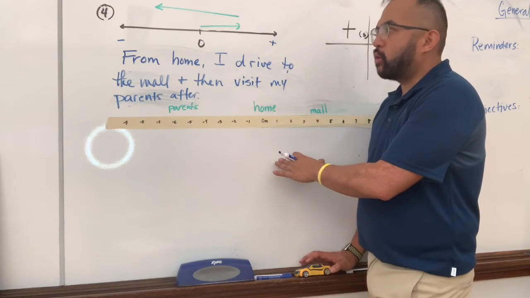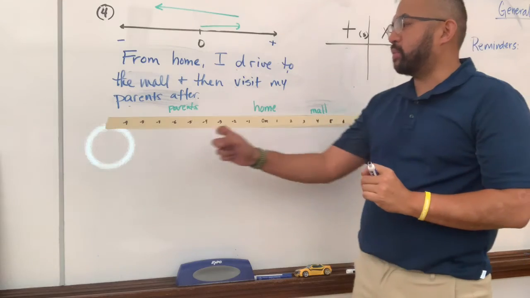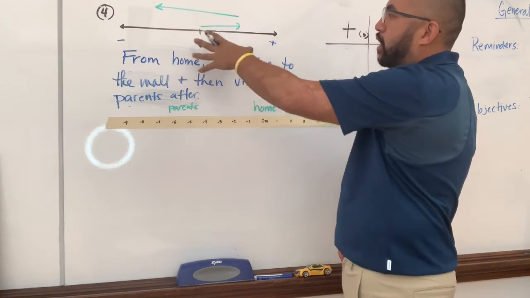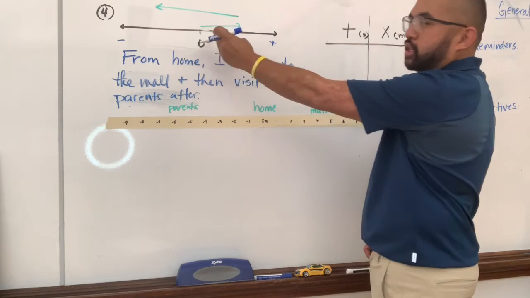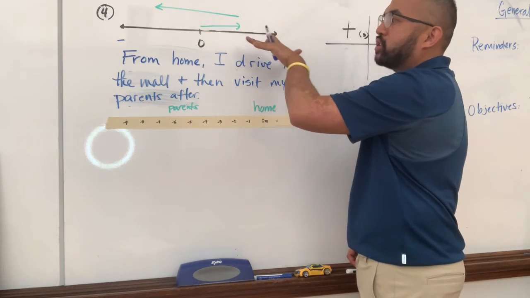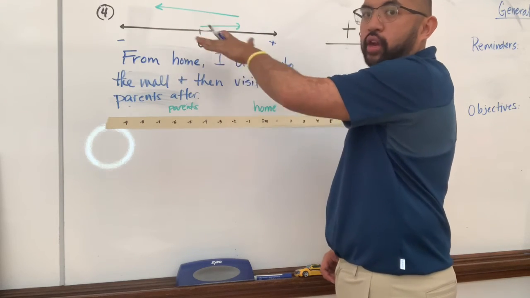So in scenario 4, from home, I am driving to the mall and then visiting my parents afterwards. So in our general diagram, you're going some distance in the positive direction, or to the right, and then you're going past your house, past 0, and going in another direction towards the left, or the negative side, if you will.